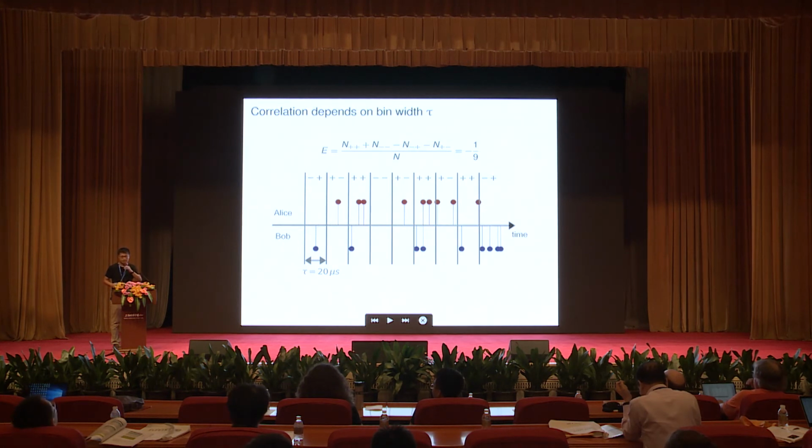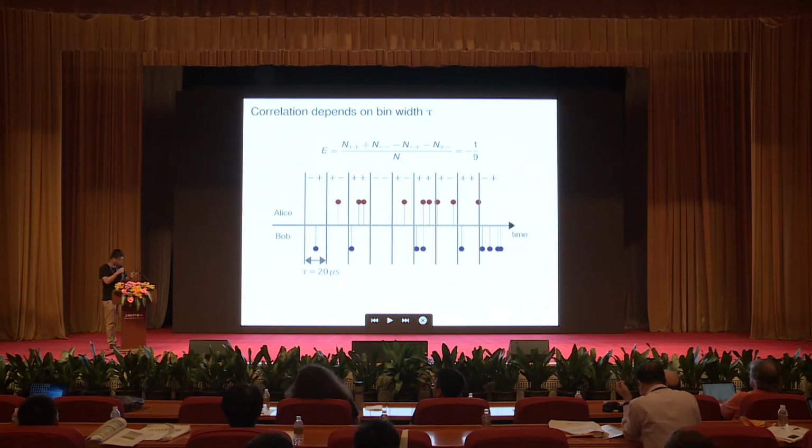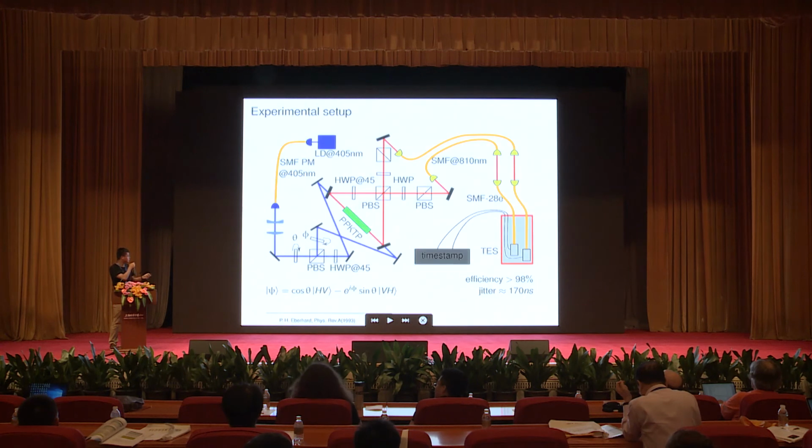Other questions? I have a last question. You mentioned the rate of randomness highly depends on the bin width selection. But do you consider the contribution from experimental devices such as the transition edge sensor detector? Because this detector has a very large time resolution, a quite large jitter.